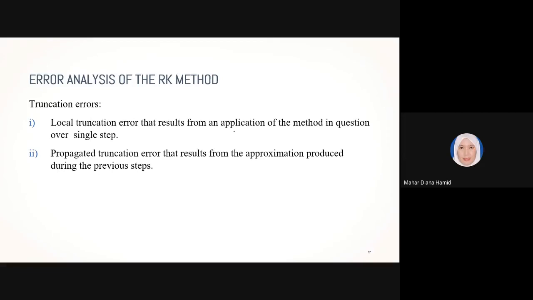So this would be the truncation error. Truncation error results from application of the method in question over a single step. Euler's method is one single step, and propagated truncation error results from the approximation produced during the previous step.